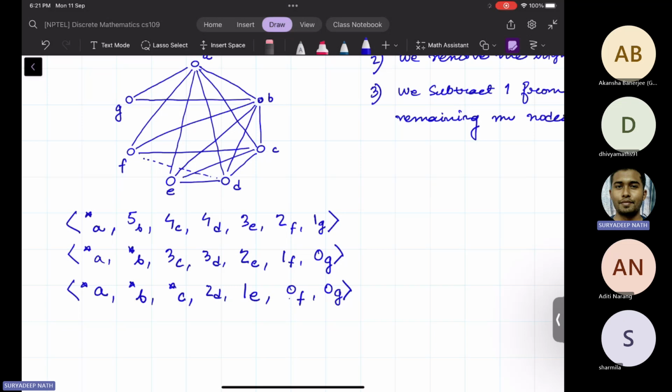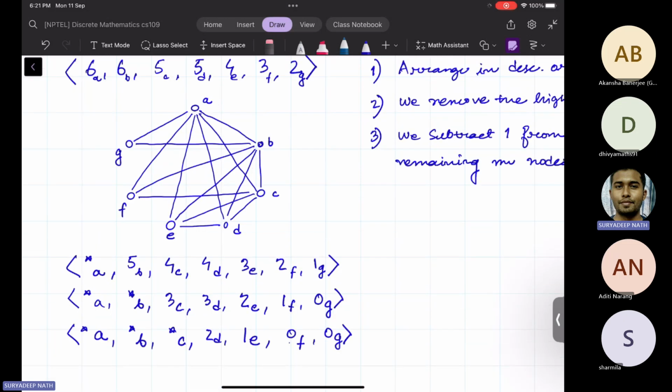Up till e we can fulfill. If I remove this dotted line, you'll see that up till e, these nodes I'll mark them. A, B, C, E, F and G, their degrees are satisfied.